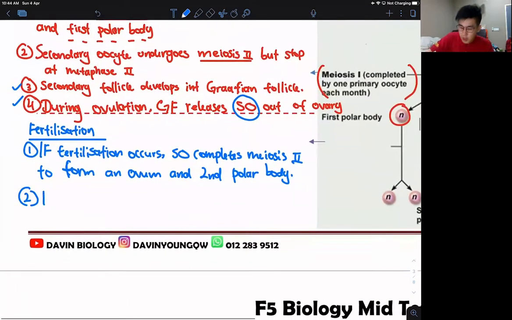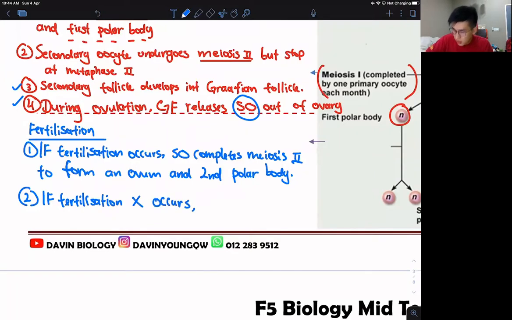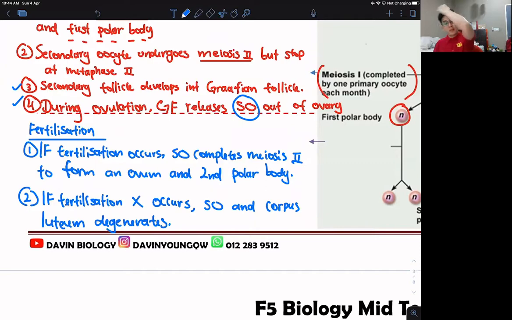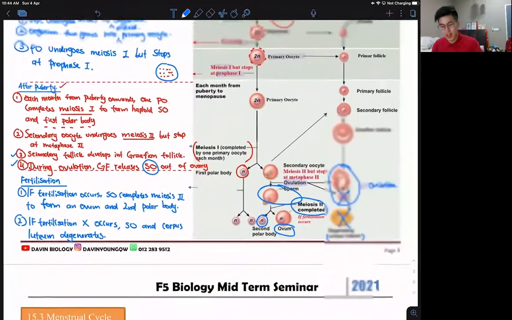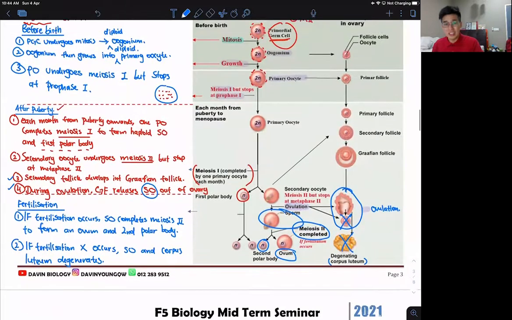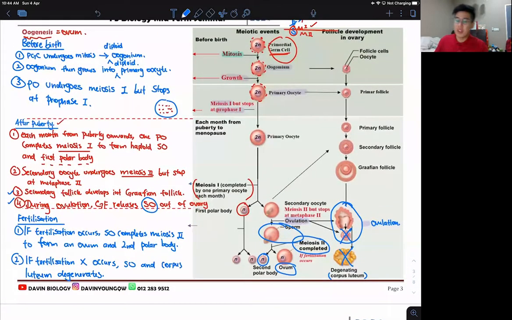So in the opposite situation, if fertilization does not occur, the secondary oocyte and the corpus luteum have no use anymore, so we can say they degenerate. And that is the end. Understand?